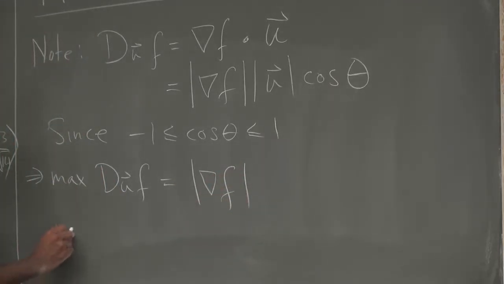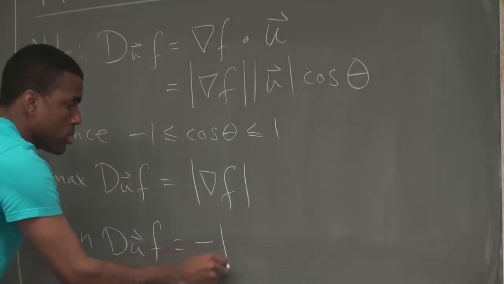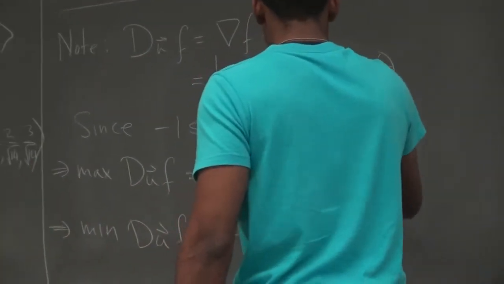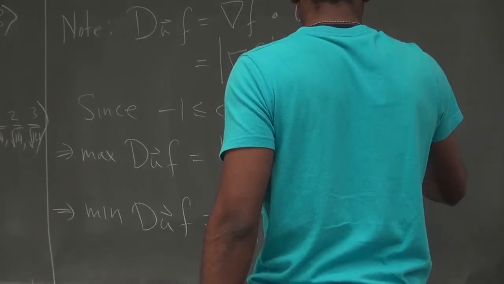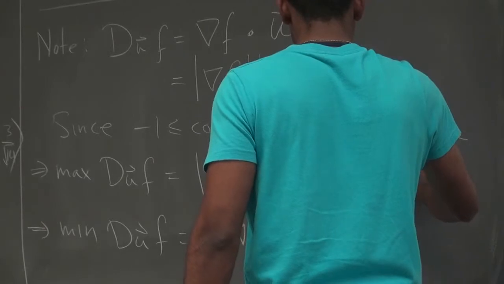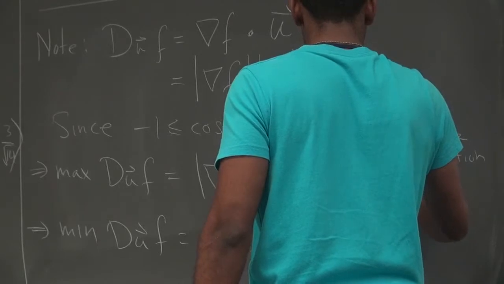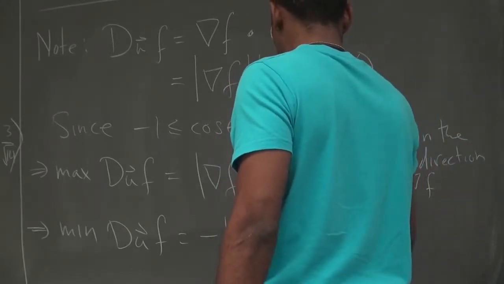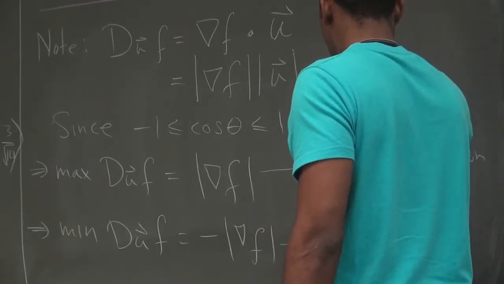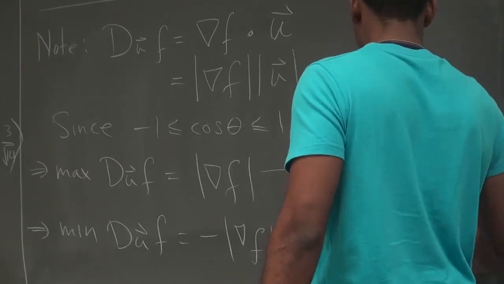And the minimum that this can be is going to be the negative. The maximum happens when theta equals 0, u is in the same direction as this. The minimum happens when theta is equal to pi, u is in the opposite direction.